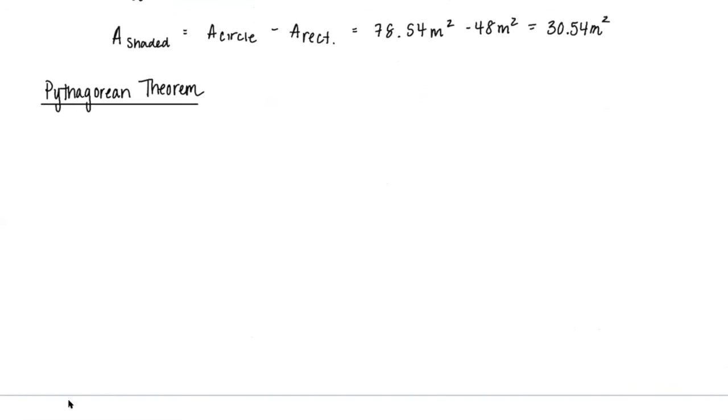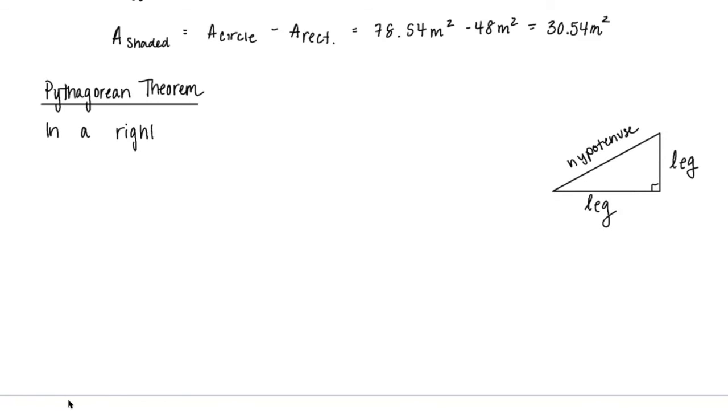So basically, this works only for right triangles. You've got a right triangle here. This is called one leg of the triangle. This is called one leg. They form that 90 degrees. The side across from it is called the hypotenuse. So in a right triangle, if you take one leg squared plus the other leg squared, it's going to equal the hypotenuse squared.